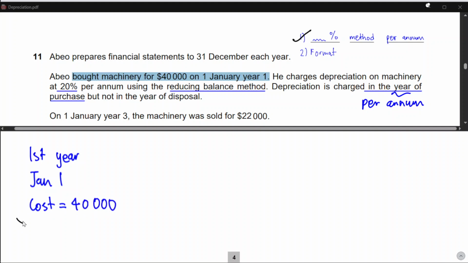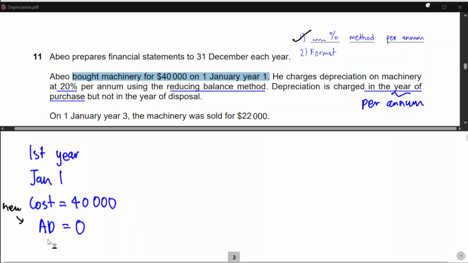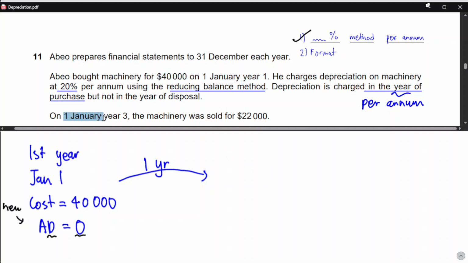This one is a new one, so the depreciation will be zero because it's new. And what he wants per annum, so it's 1 year. So the date will be 1 January.